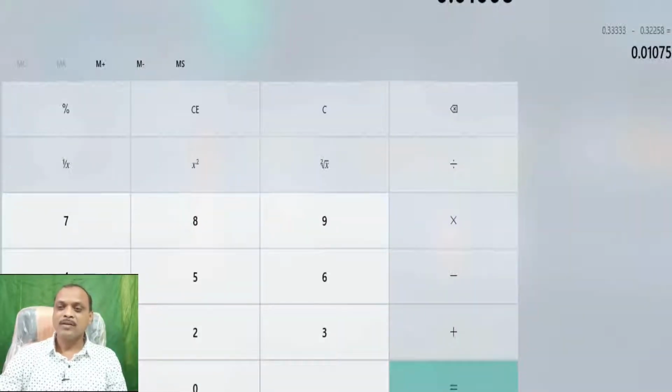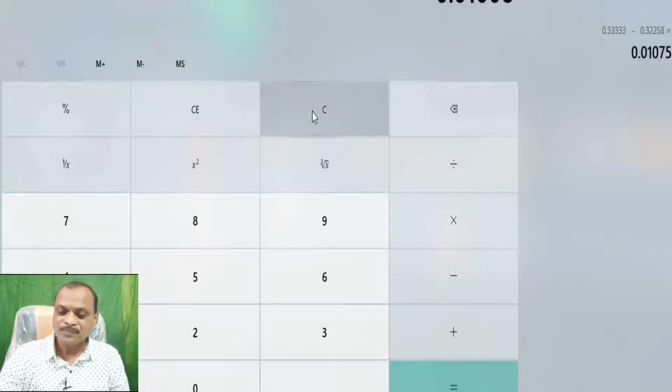Now the next difference is 0.30303 minus 0.31250. So let us write this difference here. First we clear this.